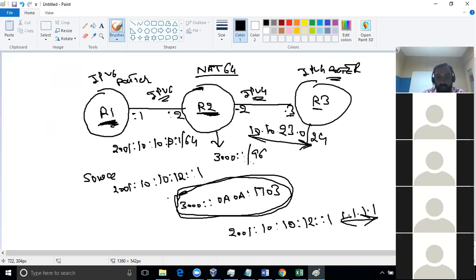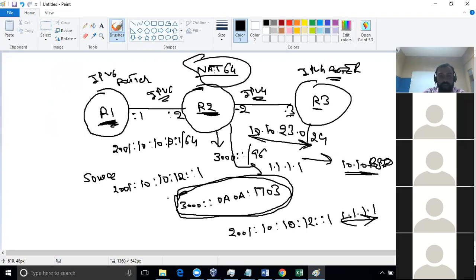So from here, the source will become 1.1.1.1. The final destination is 10.10.23.3. So that is the example of nat64.